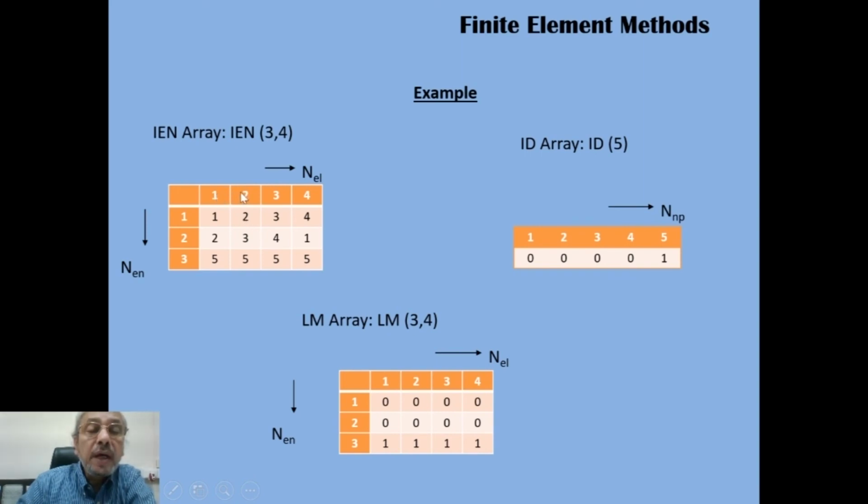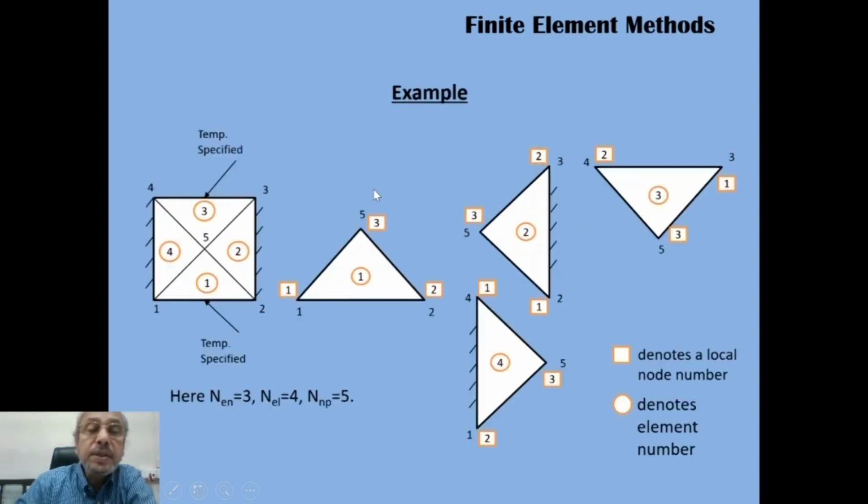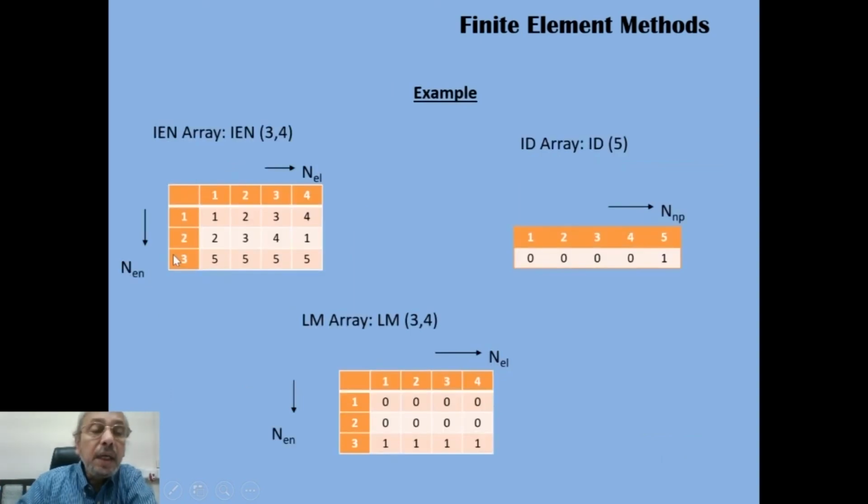So first, second, third, fourth, these 4 elements, and for each element we have node numbers 1, 2, 3, and at this position we will write the global node number.